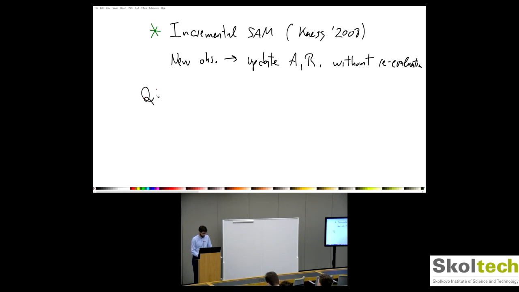It's basically based on the QR factorization because, well, we'll see that there are some properties of this factorization that make this a little more convenient for incremental updates.